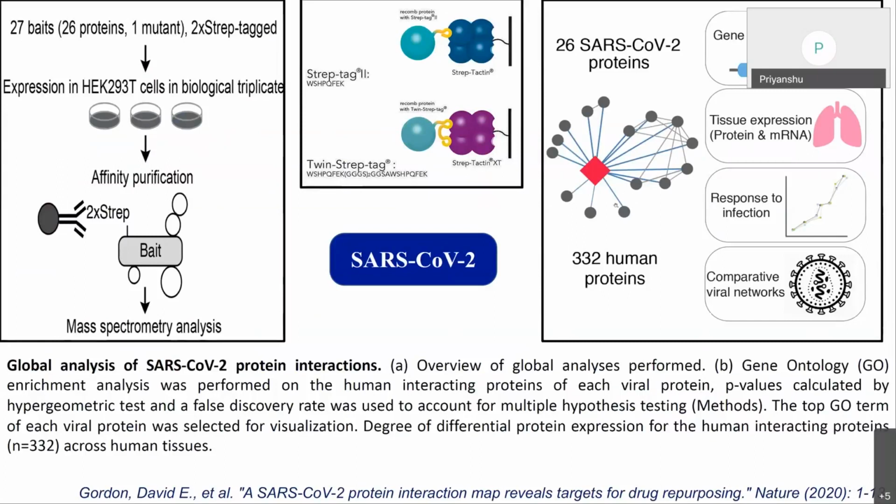So they used gene ontology enrichment analysis, took the top hit targets and analyzed the tissue expression. They analyzed the expression profiling of those interacting partners, and also checked the target profiling upon COVID infection, so that they further performed comparative viral network analysis.